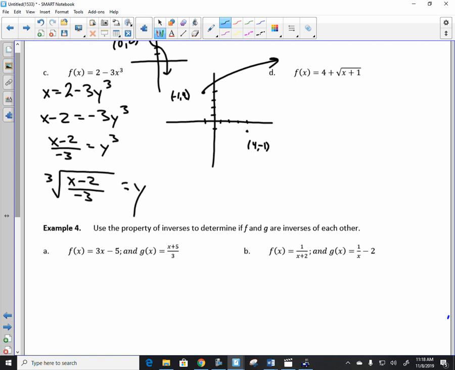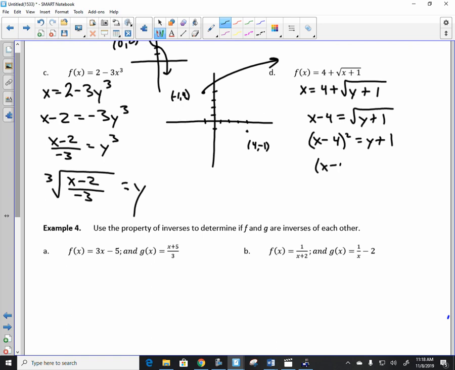Well, let's find the inverse and see that play out. X equals 4 plus the root of y plus 1. What to do? X minus 4 equals the root of y plus 1. X minus 4 quantity squared is equal to y plus 1.